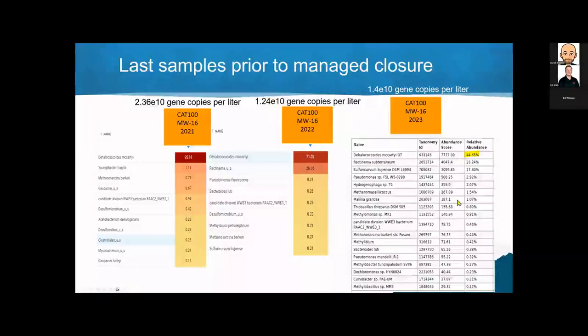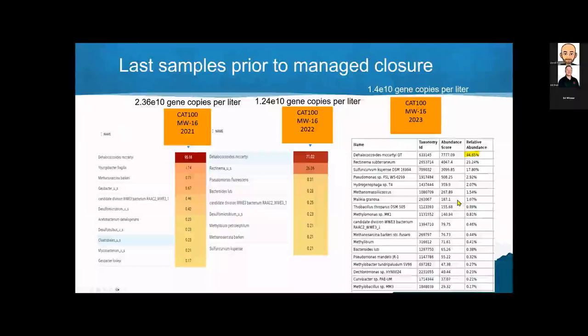We're still at 1.24 times e to the 10th gene copies per liter. In 23, we've dropped to 44.65%, still a very, very good number. And we're at 1.4 e to the 10th gene copies per liter. What you would see is that the microbial numbers in this particular case are staying very steady.